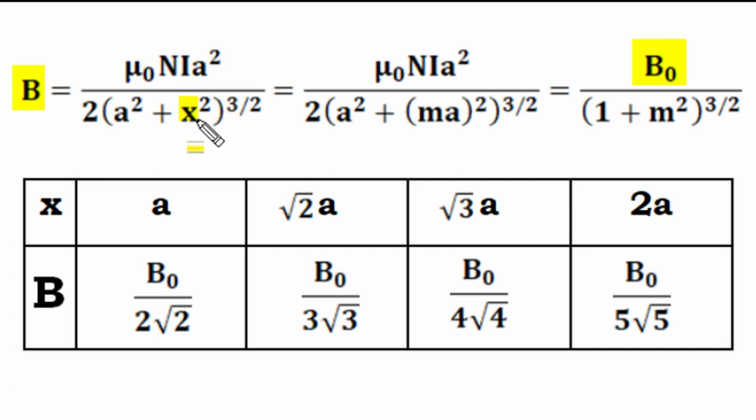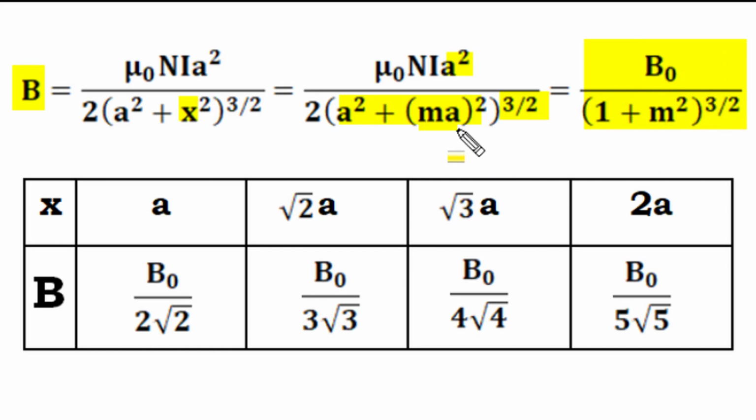In place of axial distance, we can write some multiple m of the radius, and when this a square is taken common and the 3 by 2 power of it is taken, a cube gets simplified with a naught as a, and mu 0 n i upon 2a becomes the magnetic field at the center of the coil. The axial magnetic field at x equal to ma becomes B naught divided by (1 plus m square) raised to power 3 by 2.